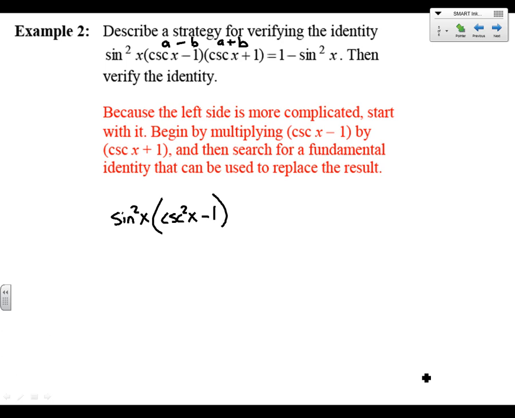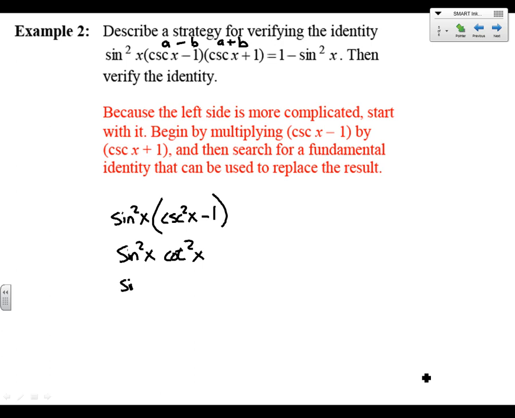We're going to try to make the left side look like the right side. All right, cosecant squared of x minus 1. What does that turn into? That turns into cotangent squared. I'm getting this from the formula worksheet. All right, and so we're out of things to do unless we turn cotangent into sines and cosines.